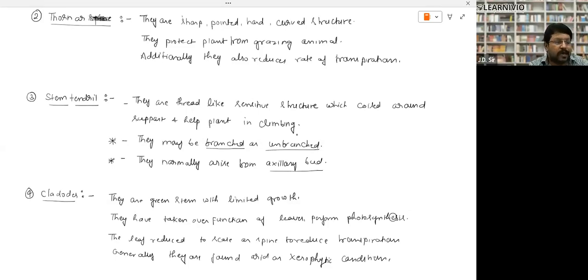The stem tendril arises from the axillary bud. They may be branched or unbranched.